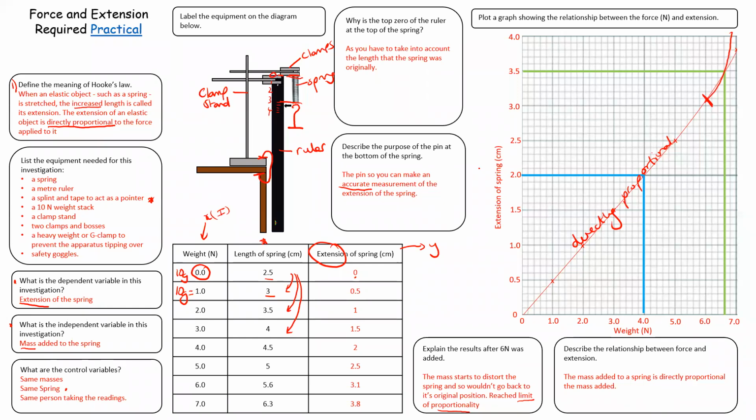Quite often, this happens a lot when 30 children are doing this practical in the class. Yes, we stretch the spring until the spring no longer works. Always happens every time. So explain the results after 6 newtons was added, and that's what it means. That's quite often the case with this.